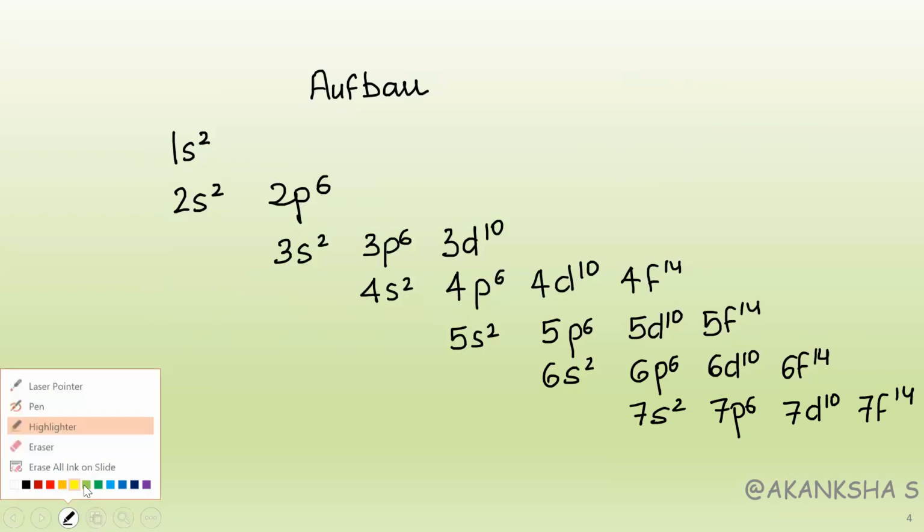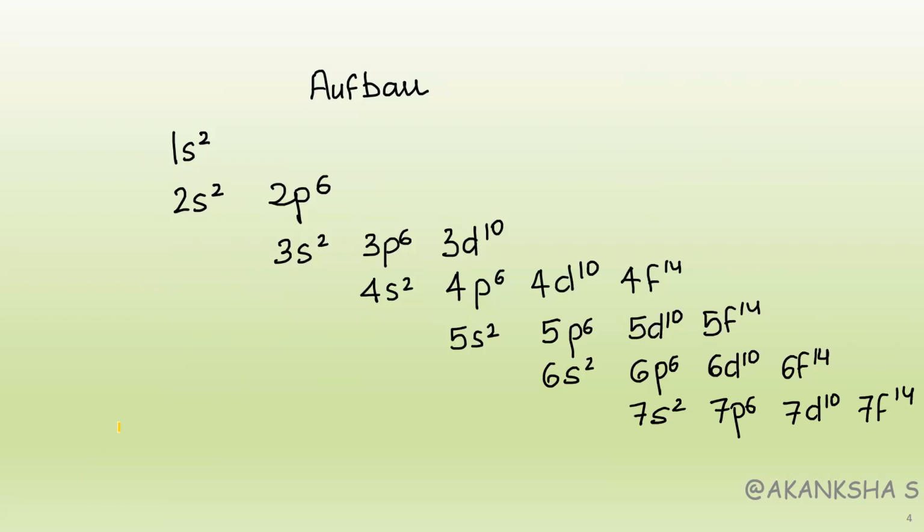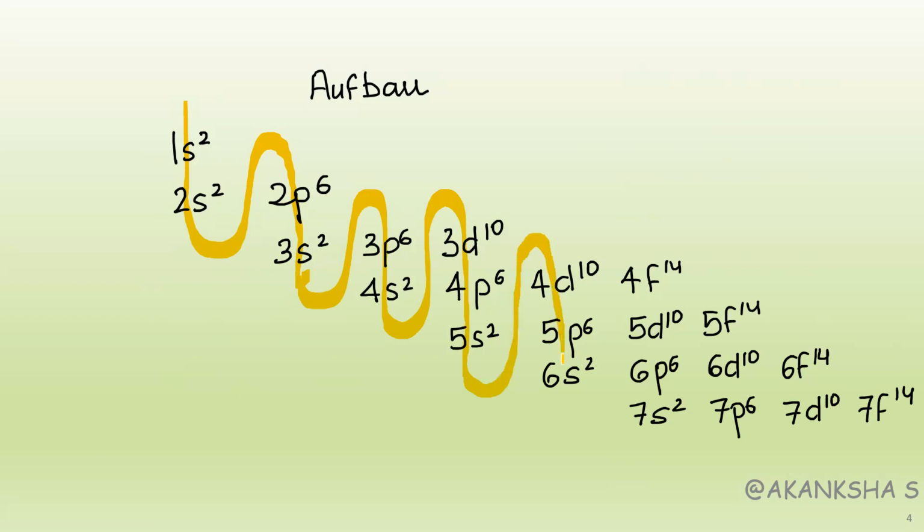For that, we can just take the help of a highlighter pen. We go like this. We go straight, come back, again straight. So this is the format in which we can go for filling. You can fill in your electrons in this particular format and you would be good to go.